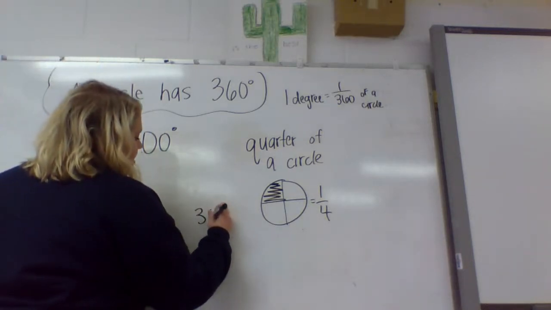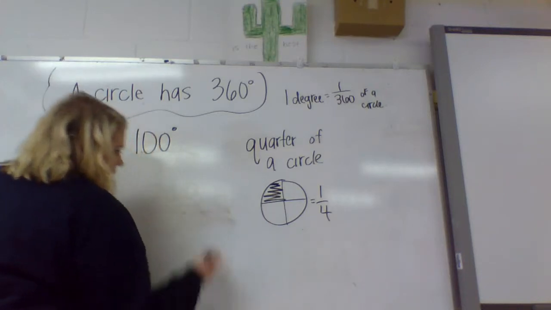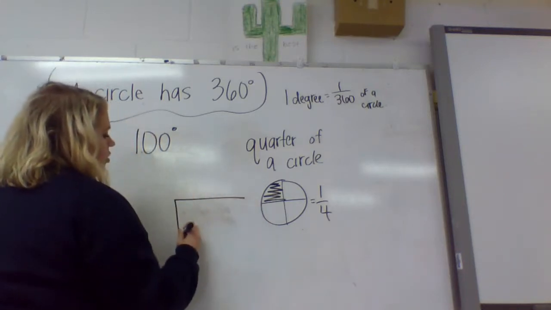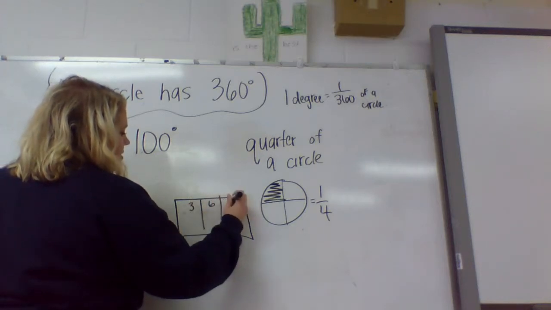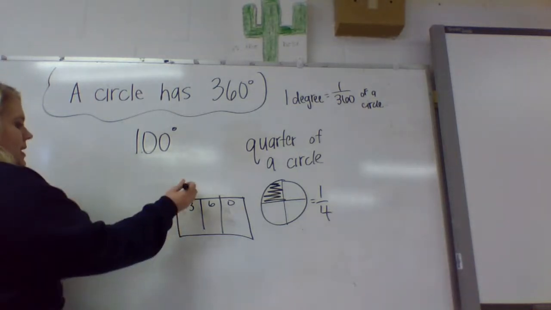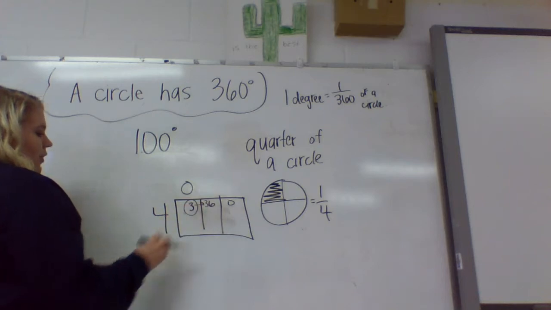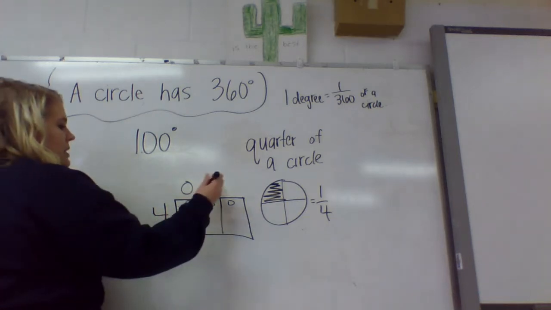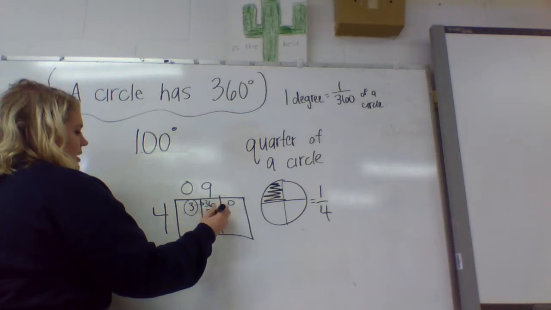So if 360 degrees is my total, I'll do this one box method for my box method friends. If a circle is 360 degrees, and I'm going to divide it by 4, 4 can go into 3 0 times, which means I'm going to take my 3 and go ahead and bring it over. 4 can go into 36 9 times. 9 times 4 is 36.